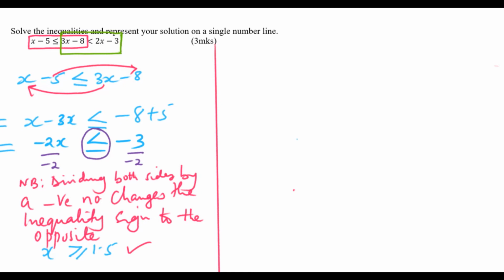Now we go to the second inequality that we picked, which begins from 3x minus 8 is less than 2x minus 3.